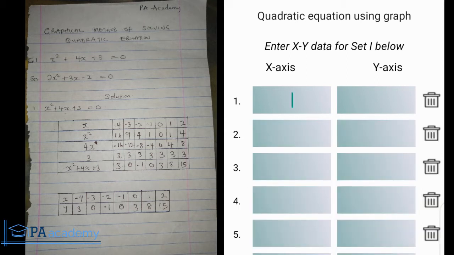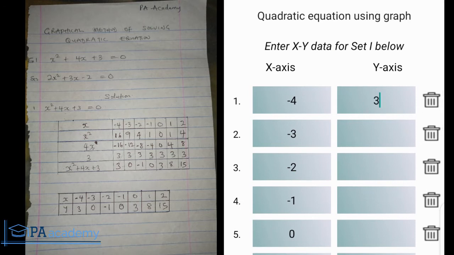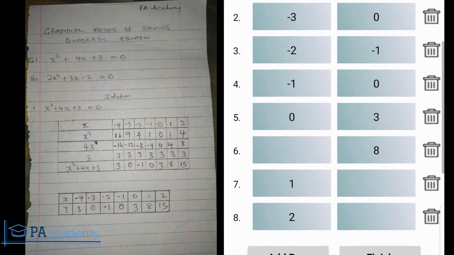So now we put in the values for our x-axis. For the x-axis we have minus 4, minus 3, minus 2, minus 1, 0, 1, and then 2. So on the y-axis we have 3, 0, minus 1, 0, 3, 8.